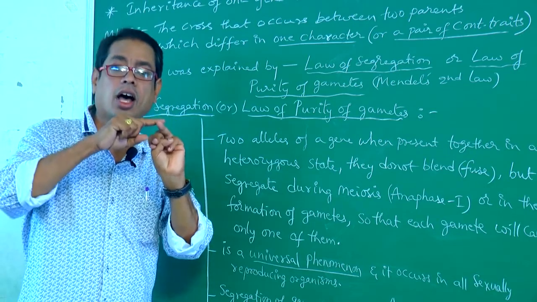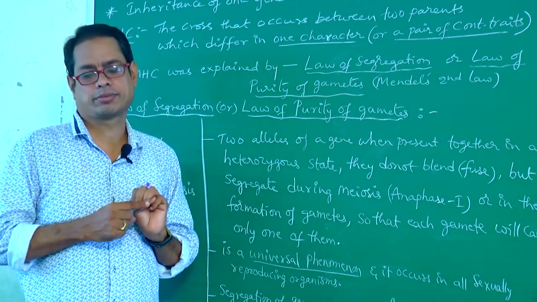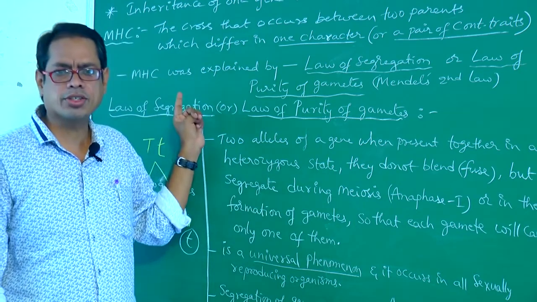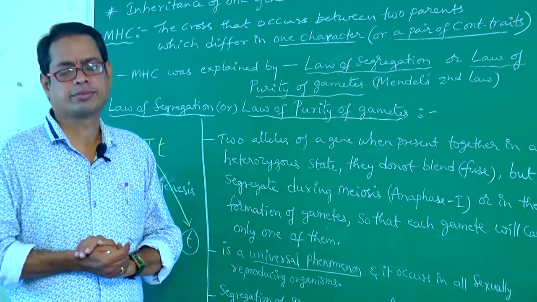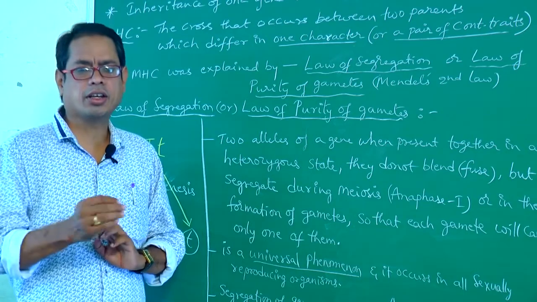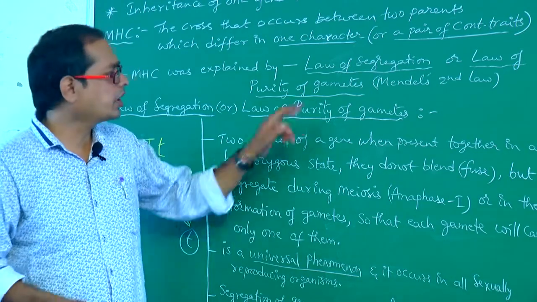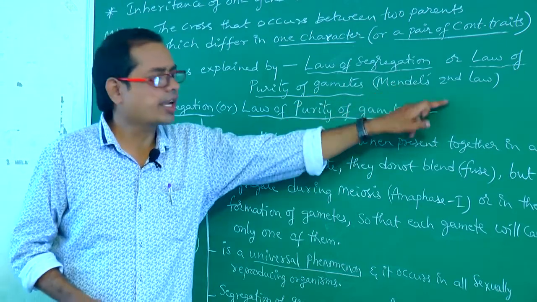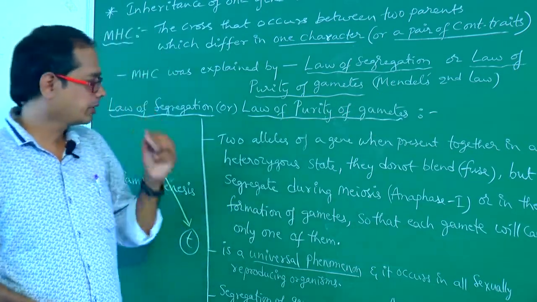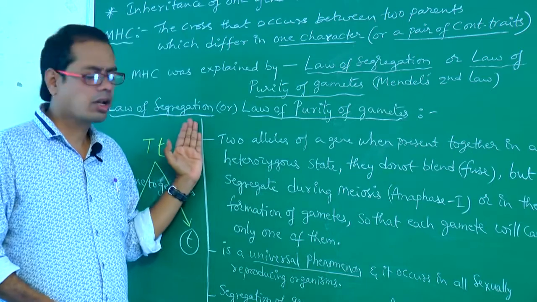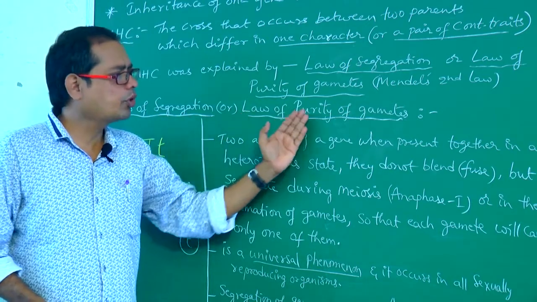Third law of independent assortment. So this monohybrid cross was explained by law of segregation or law of purity of gametes, which is nothing but Mendel's second law.